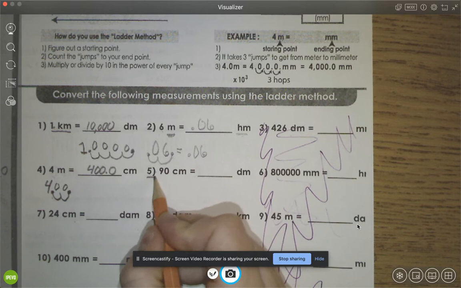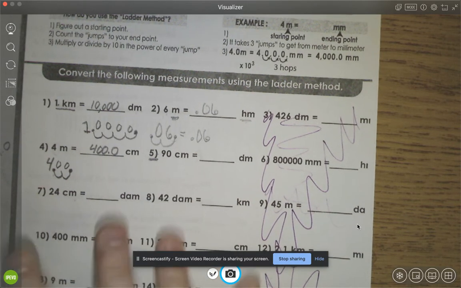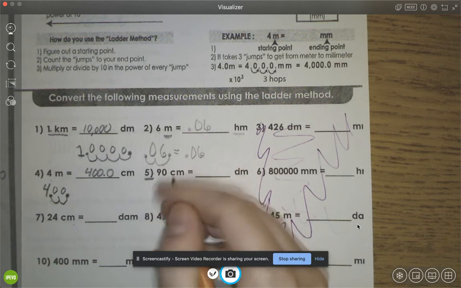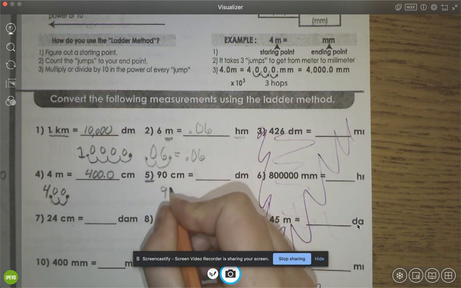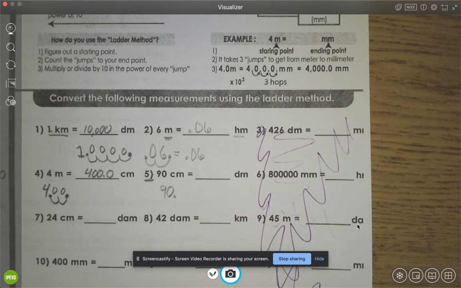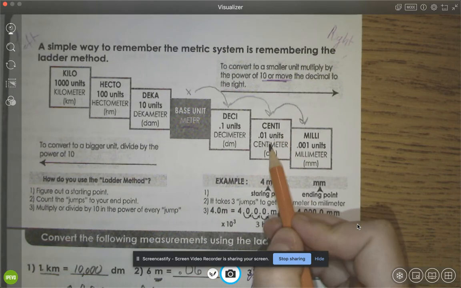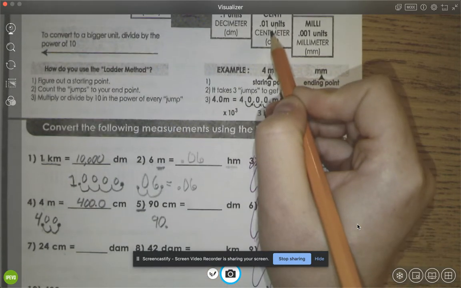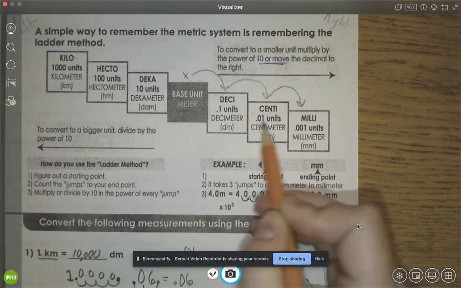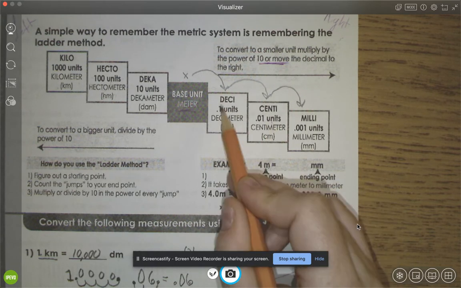All right, let's do one more. We're going to do number 5. And then you could do the last 6 on your own. So we start at 90. Again, same concept. You are going to put a decimal point right here. We are starting at centimeters, so this is our starting point, and we are ending at decimeters right here. All right, so this isn't going to be very long. You have to go up 1 step.